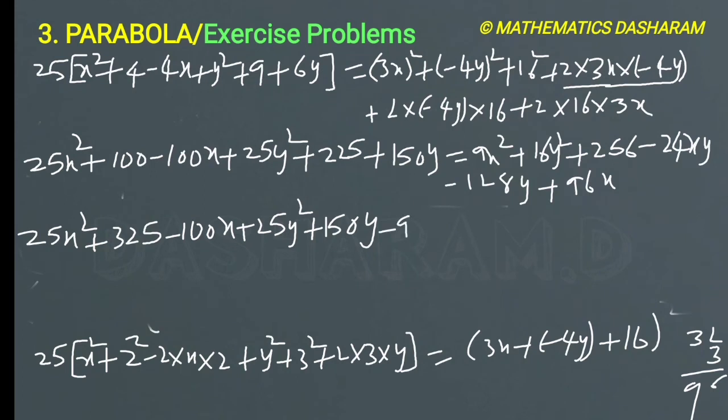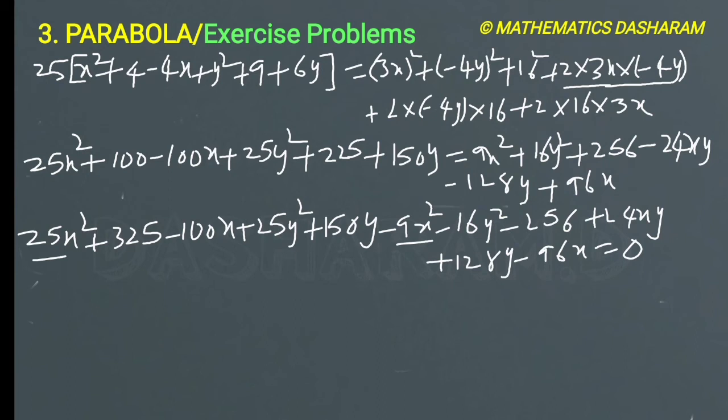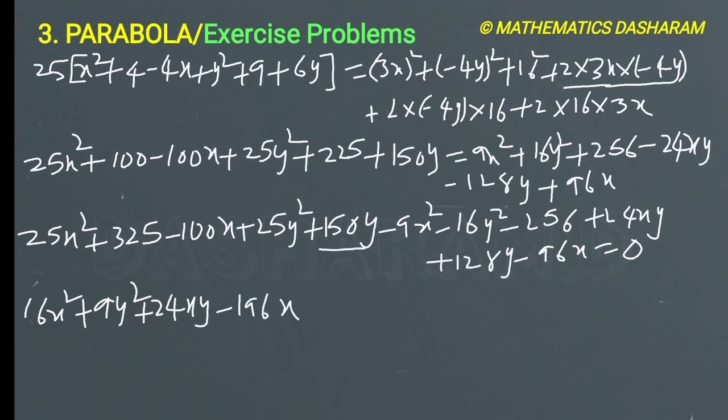So minus 9x square, 25x square minus 9x square is 16x square, next 25y square minus 16y square is plus 9y square, next here 24xy plus 24xy, minus 100x minus 96x minus 196x, 150y, next 128y, 150y, 128y, 278y, next 325, and here minus 256.